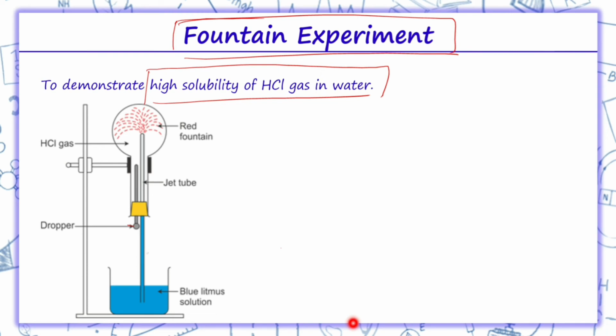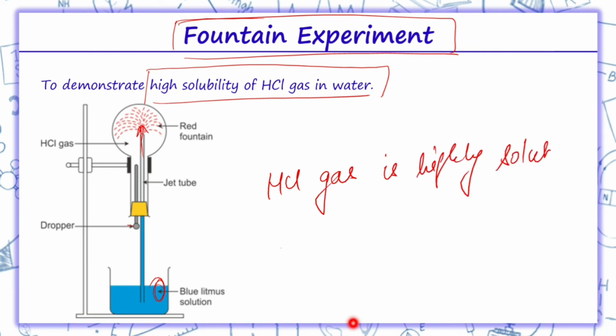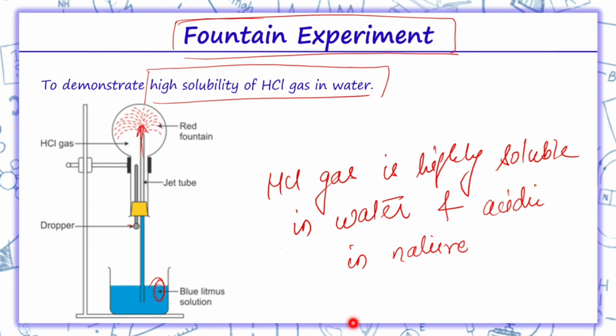The observation is that HCl gas dissolves in water and the blue litmus solution turns red. So this experiment shows that HCl gas is highly soluble in water, and it changes blue litmus solution into red, which shows it is acidic in nature. This is known as the fountain experiment.